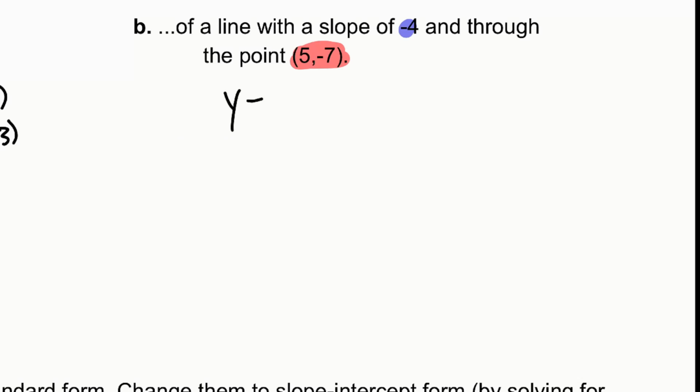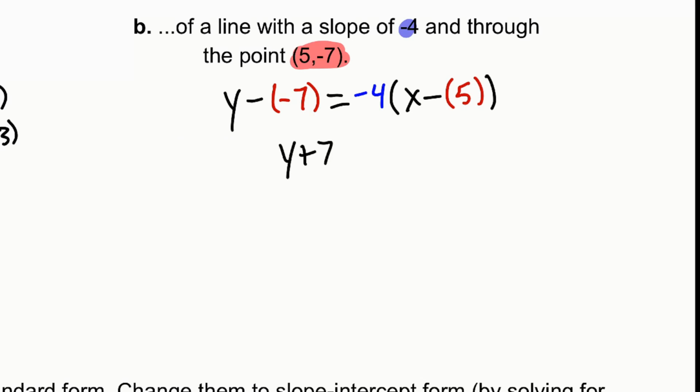Well, my y value there is negative 7, is equal to the slope, m, times the quantity x minus x1. Well, my x value is 5. Y minus negative 7 is y plus 7, is equal to negative 4 times the quantity x minus 5. And so there is that equation.